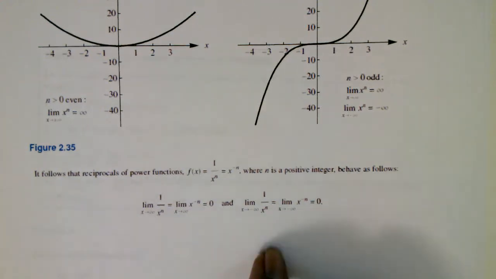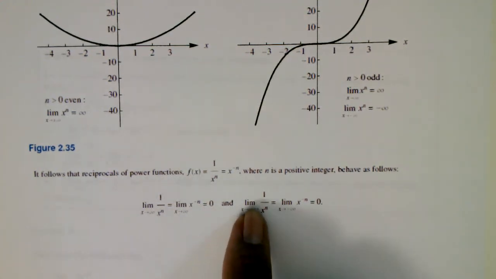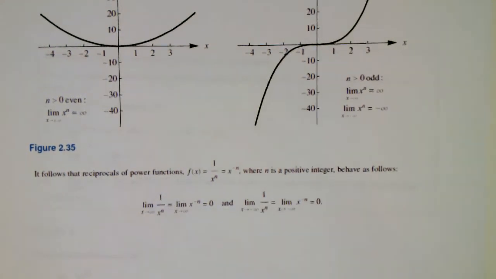And the same holds true for the limit as x approaches negative infinity of 1 over x to the n. It too approaches 0. It never gets to 0, but it just gets closer and closer to 0.